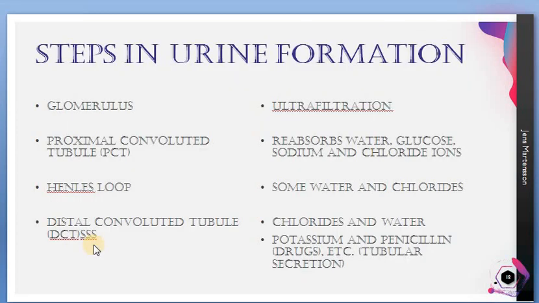So this is a kind of sum up. What happens in the glomerulus? Ultrafiltration. Remember what ultrafiltration is? Because of the high pressure difference created by the narrow efferent arteriole, waste materials are pushed out of the blood into the filtrate and thus form glomerular filtrate.